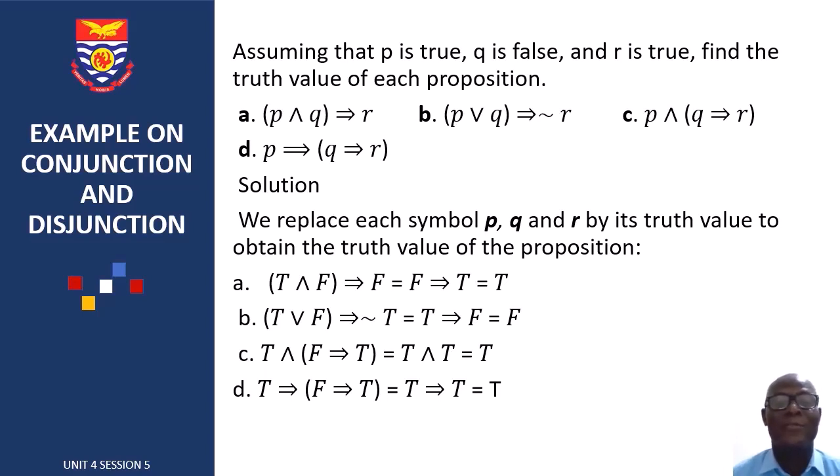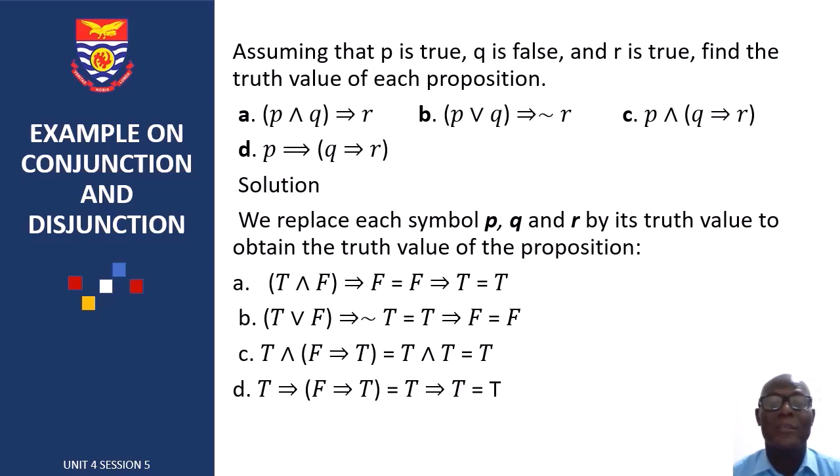Now false implies R, but we are given that R is true. But if F implies T, since the first statement is false and the second statement is true, then it is true.